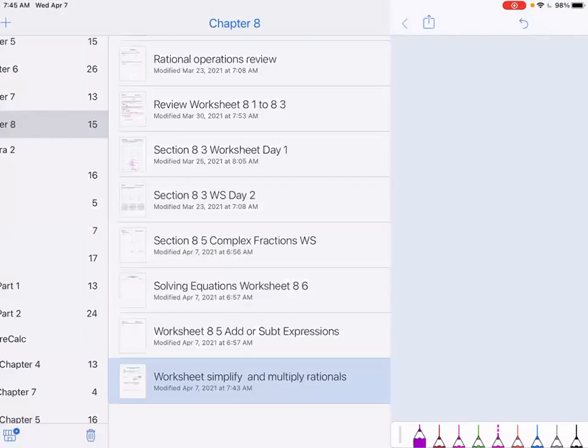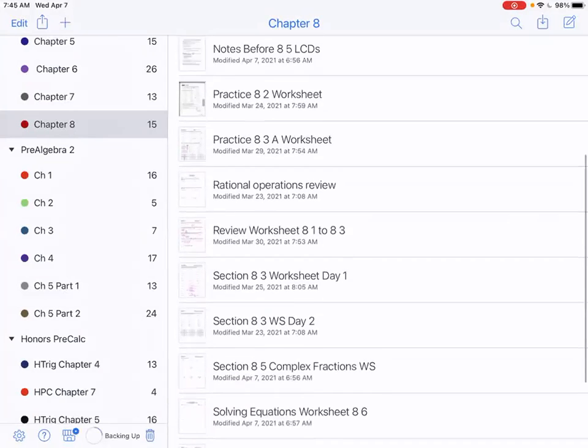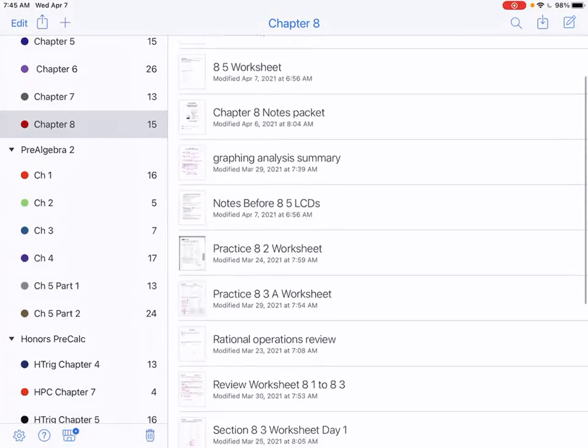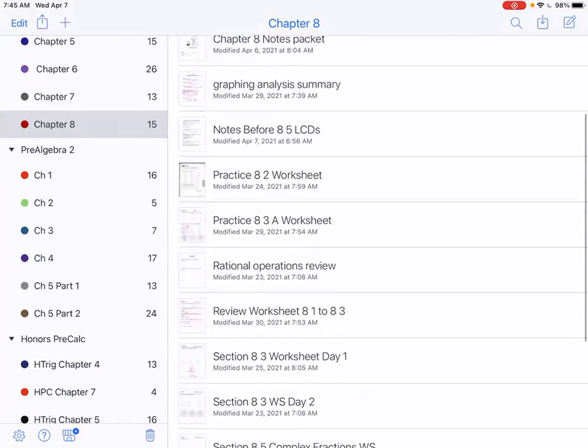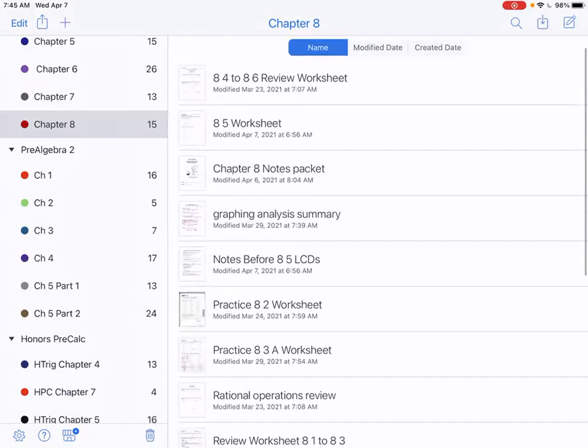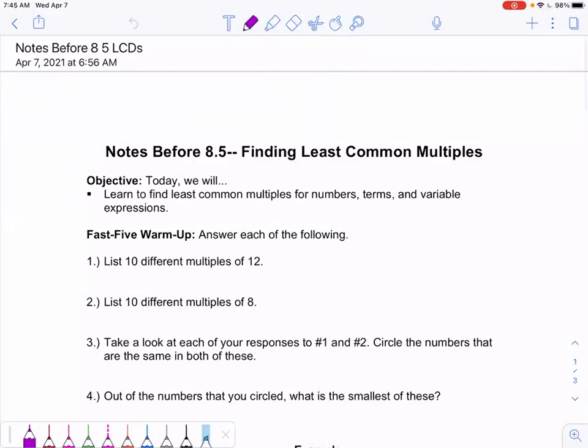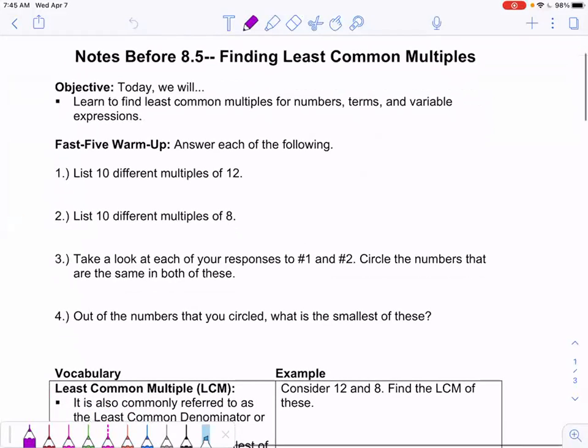So if you go to that extra little note sheet that did not make the packet, there's a little warm up here. Our goal today is to find least common multiples for numbers, terms, and variable expressions.